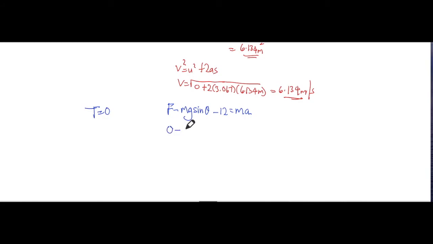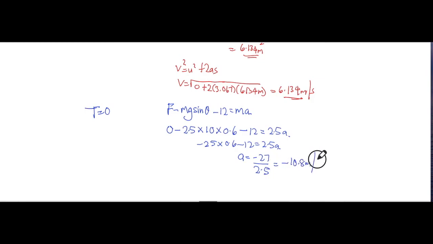So this will be 0 minus 2.5 times 10 times 0.6 minus 12 equals 2.5a. So 15 minus 12... that is, minus 27 equals 2.5a, so a equals negative 27 over 2.5, which is negative 10.8 meters per second squared. So it was decelerating at this rate.